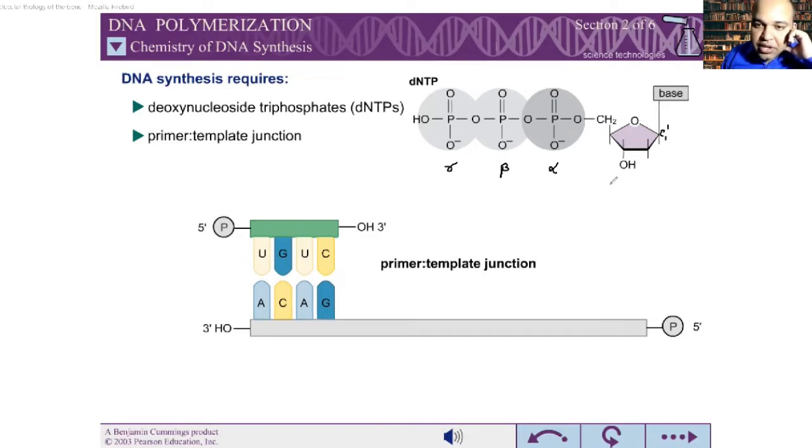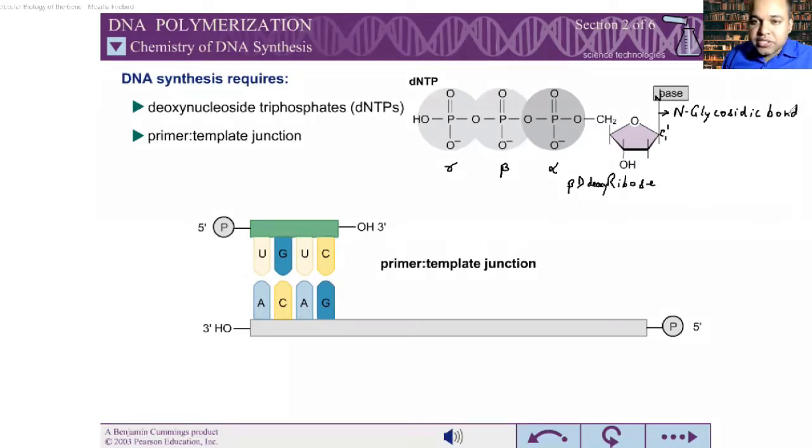In this case, it is beta-D-deoxyribose sugar which is present, and the C1 carbon atom is bound to the nitrogen atom with the help of a bond, and that bond is commonly referred to as the N-glycosidic bond. So this is the N-glycosidic bond which is present.